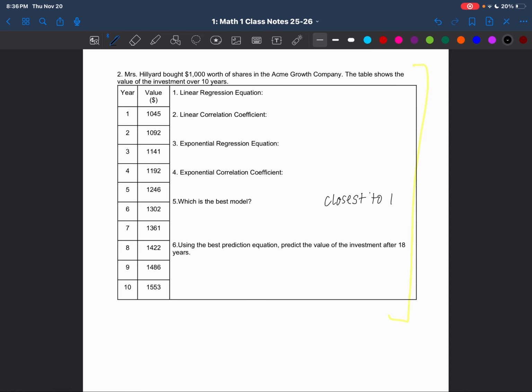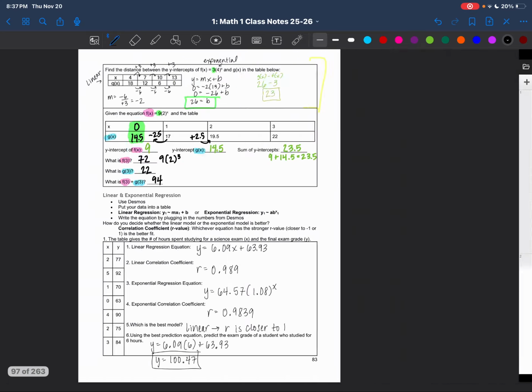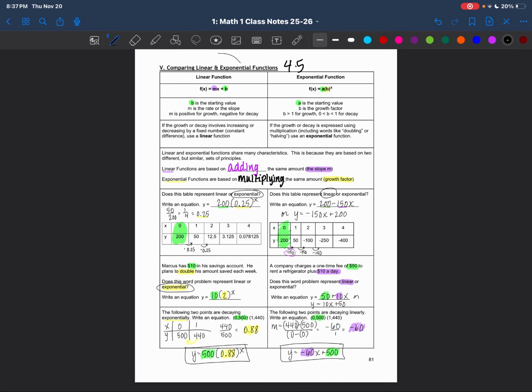So which R value is closest to 1? And then you're going to answer the question using the correct model. All right. And then that is comparing linear and exponential functions.